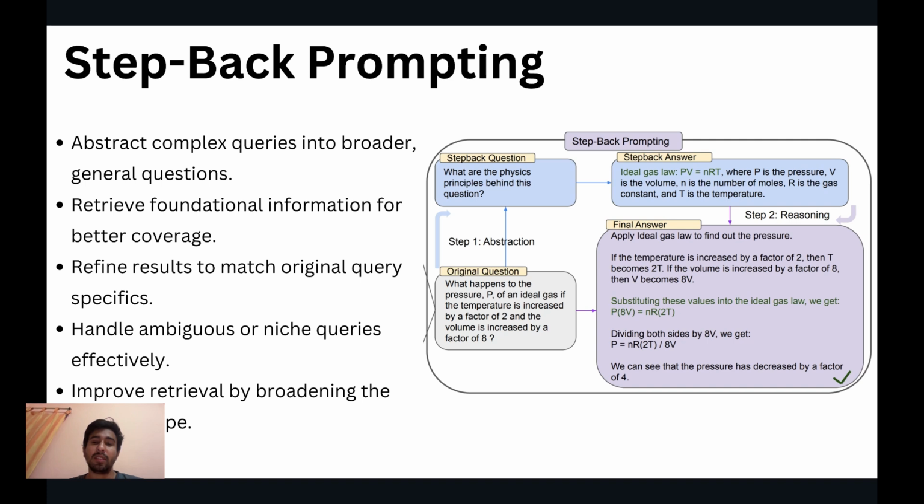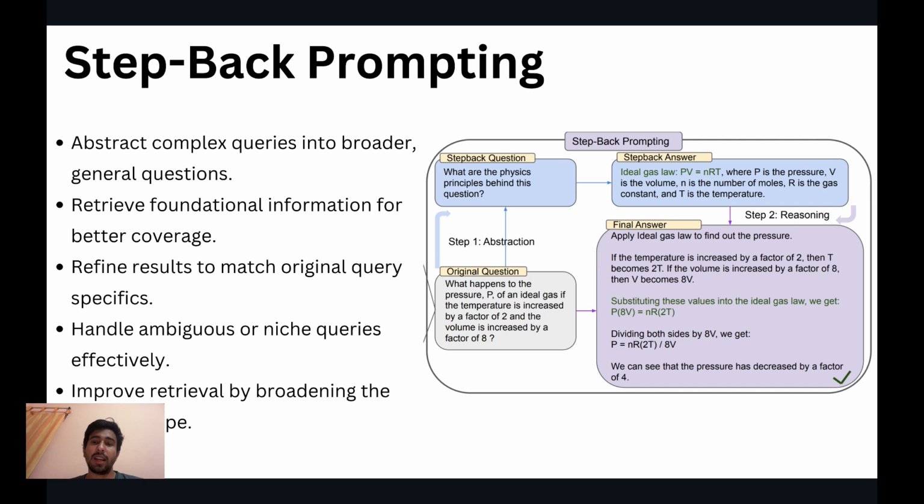The original query is related to an ideal gas. What happens when the temperature is increased by a factor of 2 and the volume is increased by a factor of 8? You can enhance this query with a step back question like, what are the physics principles behind this question. Then the LLM will answer in a better way.